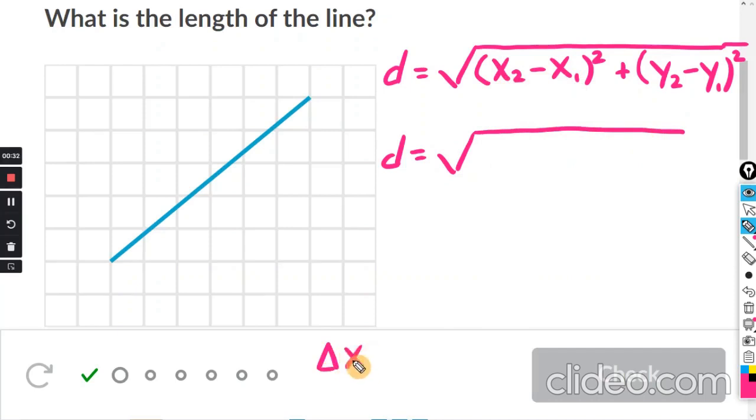So this Greek letter, this triangle, is a Greek letter delta. Okay, so delta x, or change in x, and you can also write change in y, delta y.